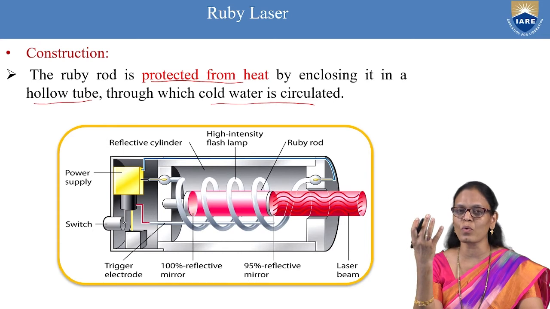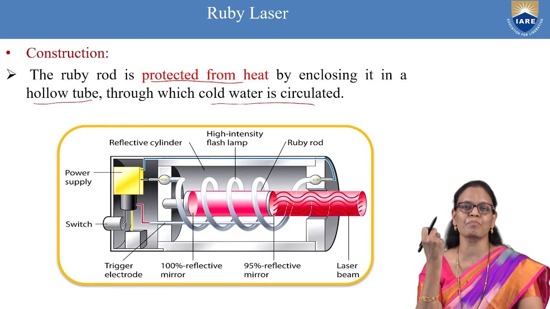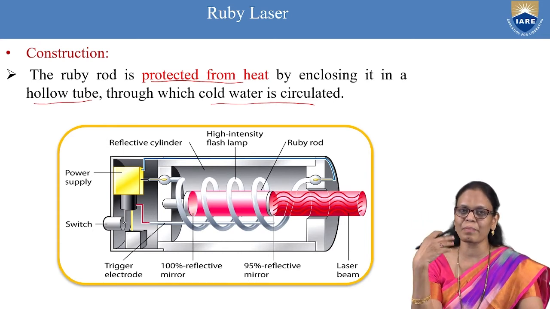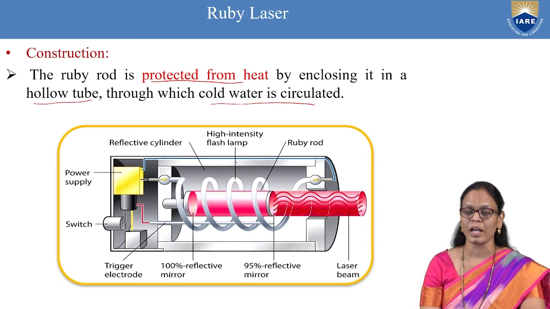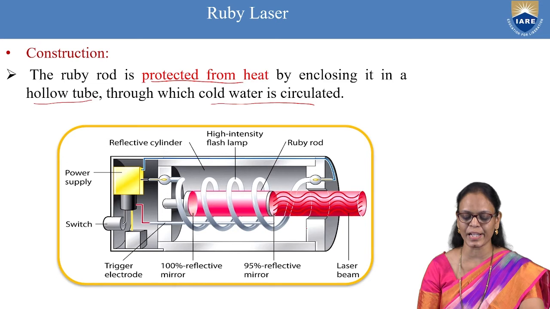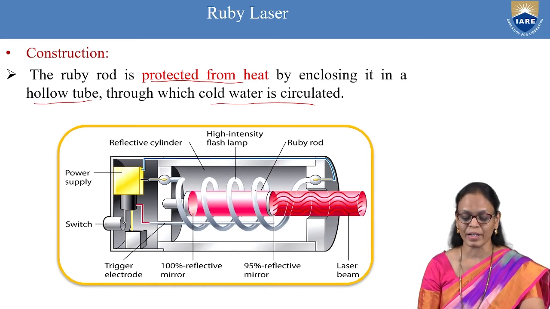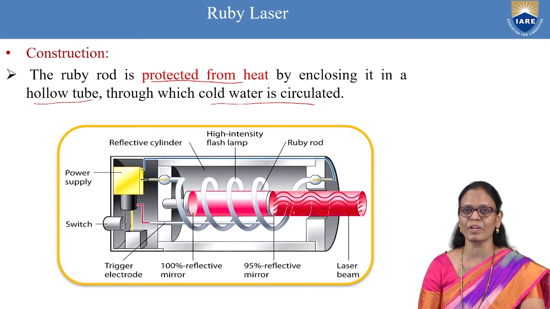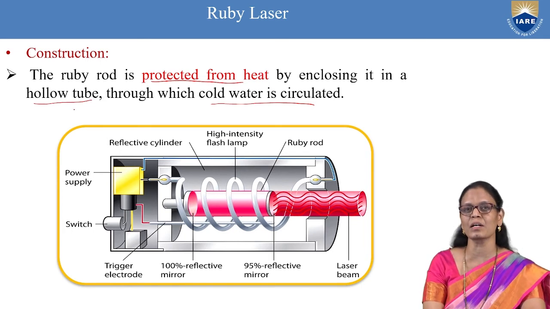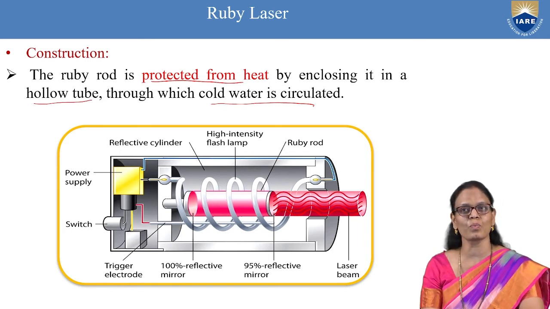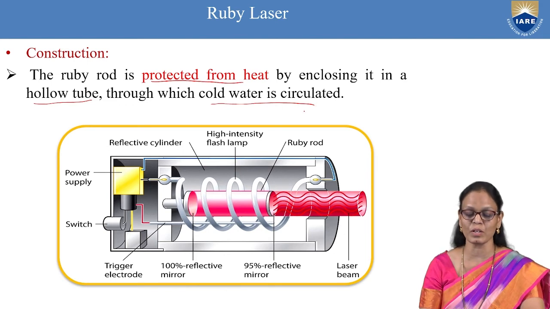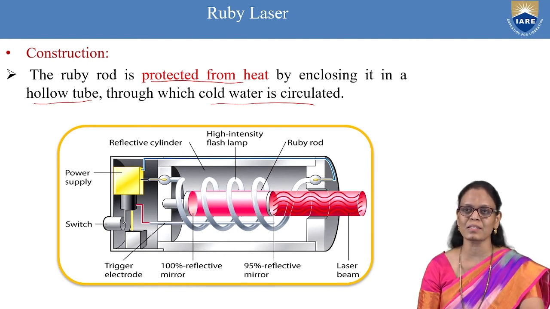But out of that, only a part is absorbed by the rod and the remaining is emitted out. Because of that, a lot of heat is generated surrounding the ruby rod or the lamp. In order to cool it, we enclose it in a hollow tube through which cold water is circulated. Otherwise, the entire system gets heated up.